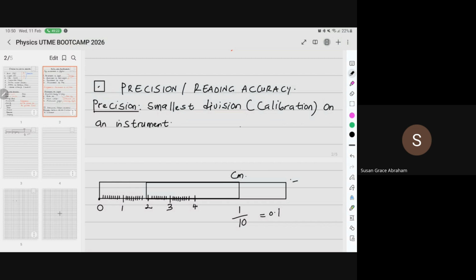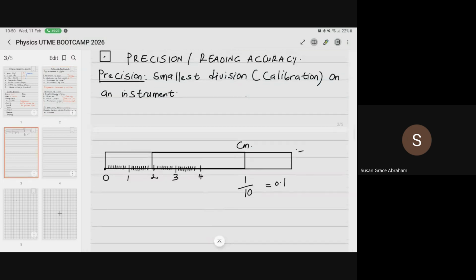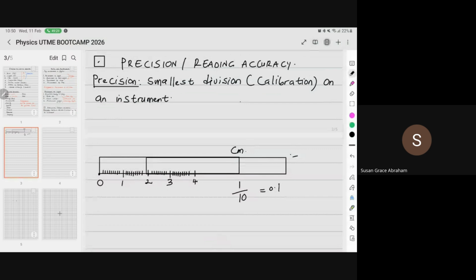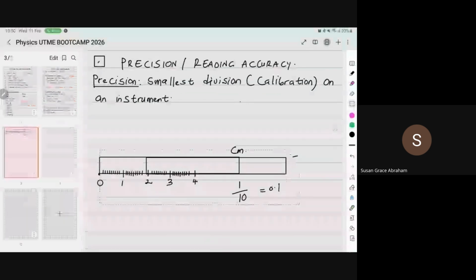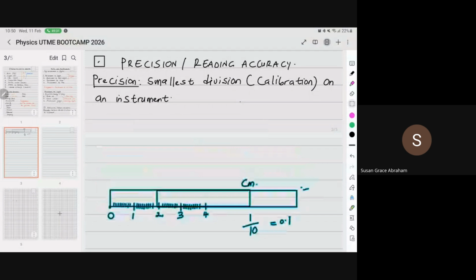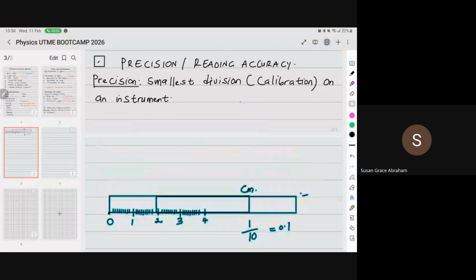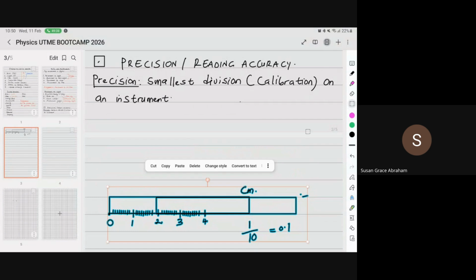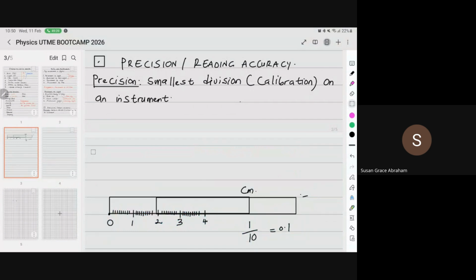Then I used, for example, the example we considered. Can we quickly look at our meter rule? That was a fine example that we all considered. We used meter rule as an example, right? So the example was our meter rule.